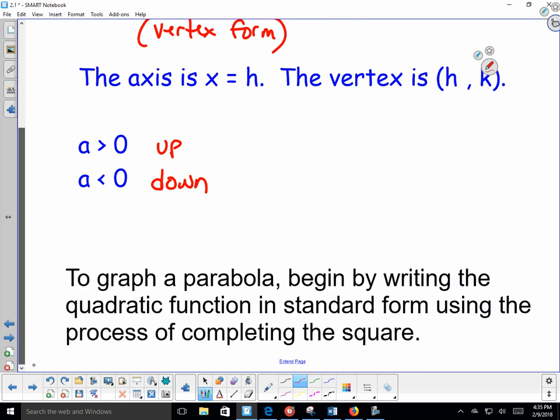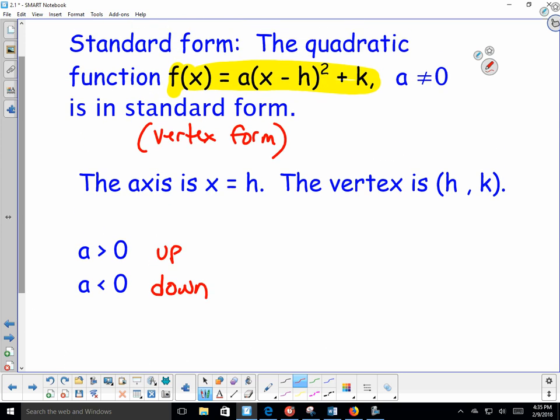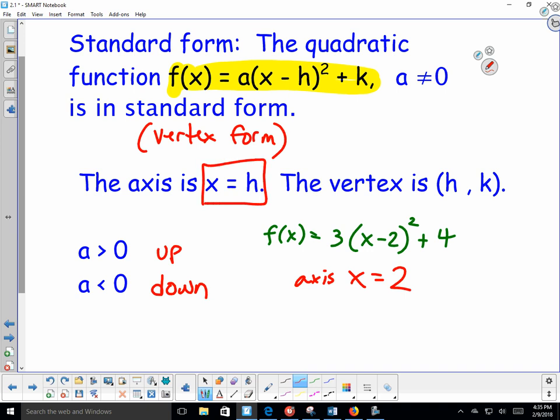So let's take a quick example. Let's say we have f of x equals 3 times the quantity x minus 2 squared plus 4. The axis of symmetry is going to be x equals 2, right? Because x equals h is the axis.